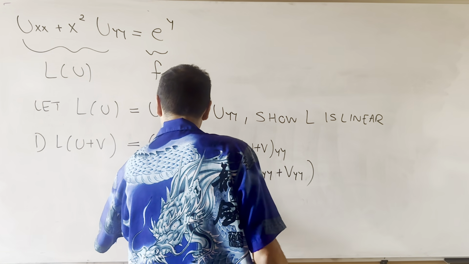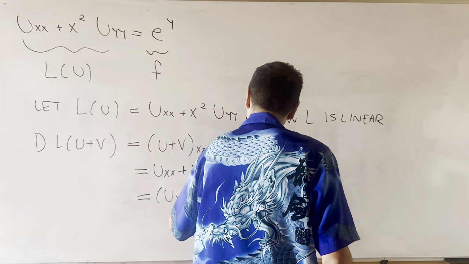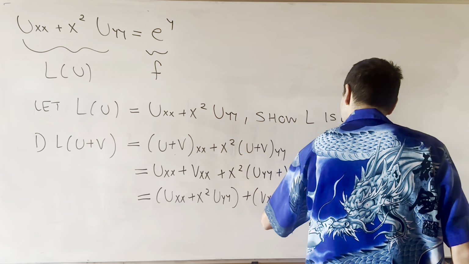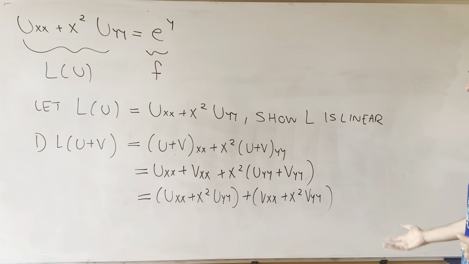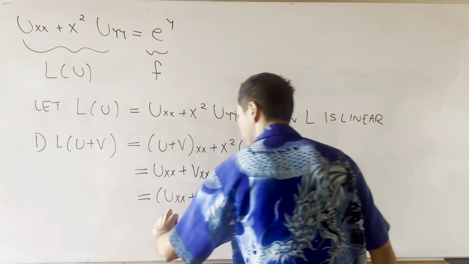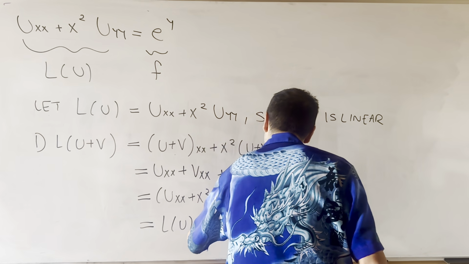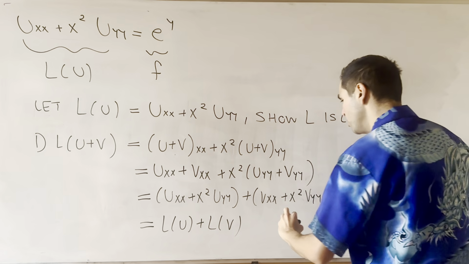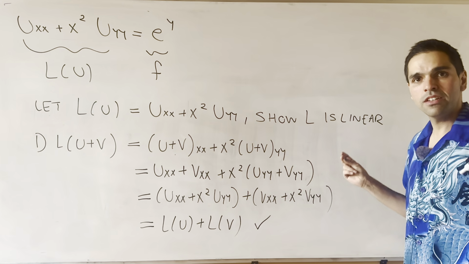So we have u_xx plus x squared u_yy plus v_xx plus x squared v_yy, and that's precisely L of u plus L of v. So already additivity is true.